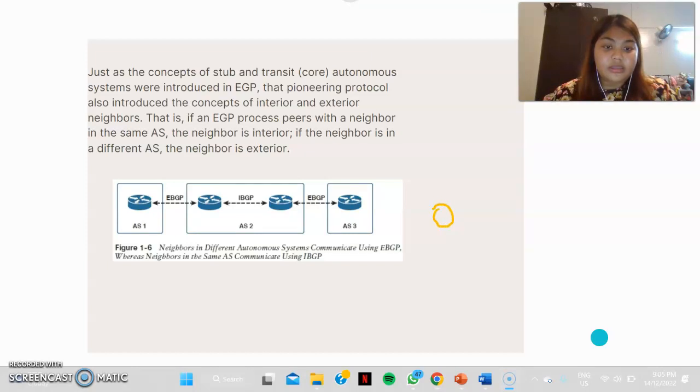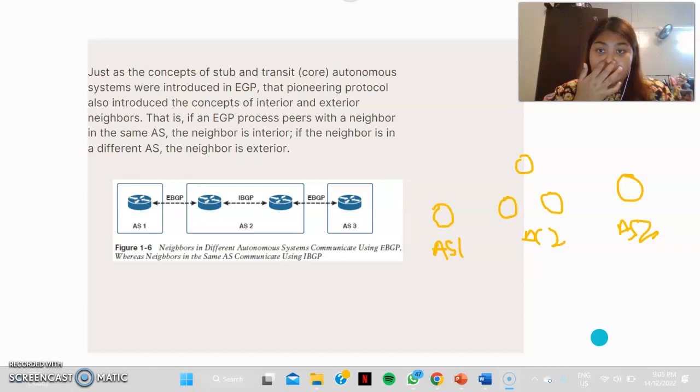Another example: this is AS1, AS2 has 3 routers, and here AS3. If this happens, from AS1 to AS2 is external BGP because it is a different network.